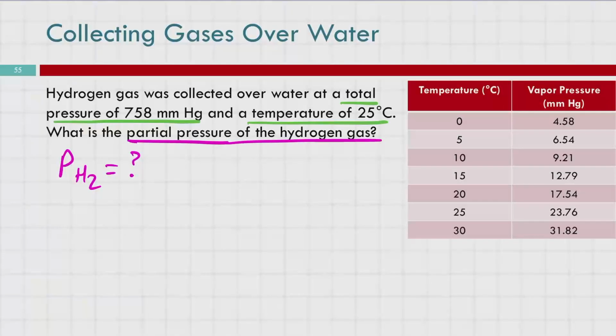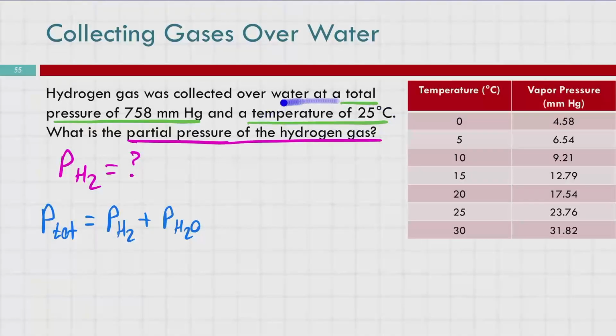The first sentence tells us that the hydrogen gas was collected over water. That means that the only two things that are in there are hydrogen gas and water vapor. So our total pressure is going to be the combination of our pressure of H2 and the pressure of H2O.